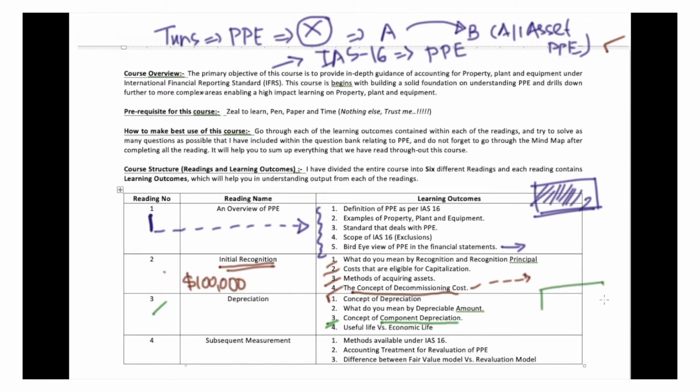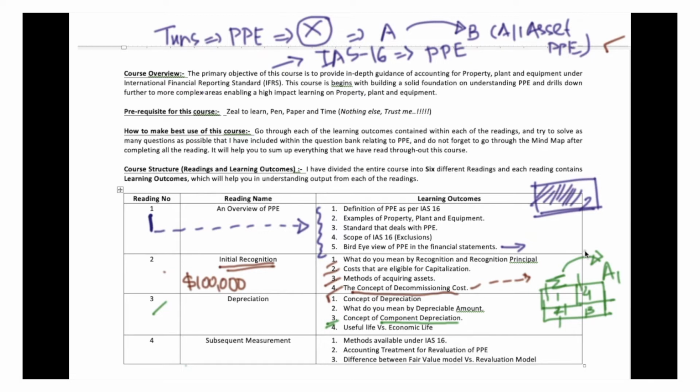For example, suppose this is asset 1. You don't need to depreciate the asset as it is. You need to break down the asset into component 1, component 2, component 3, and component 4. You need to compute the depreciation of each of the significant components and add them up to arrive at the total depreciation for the asset.